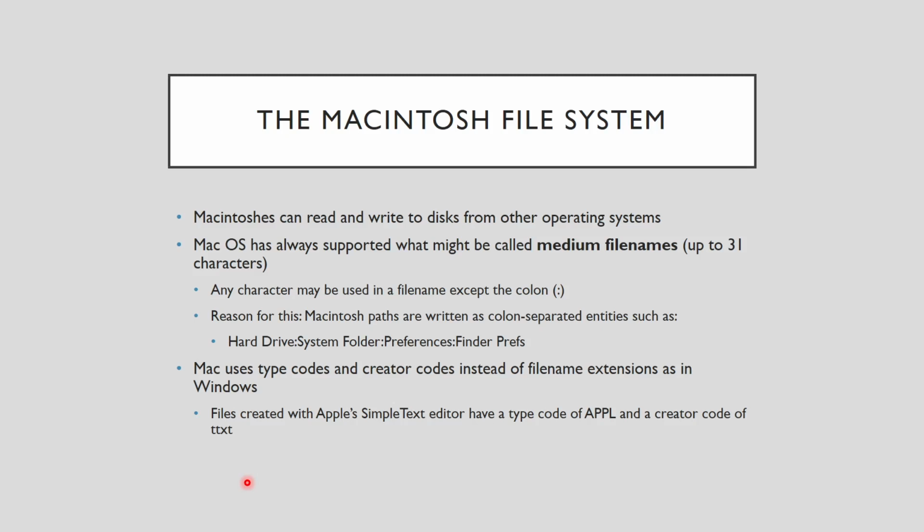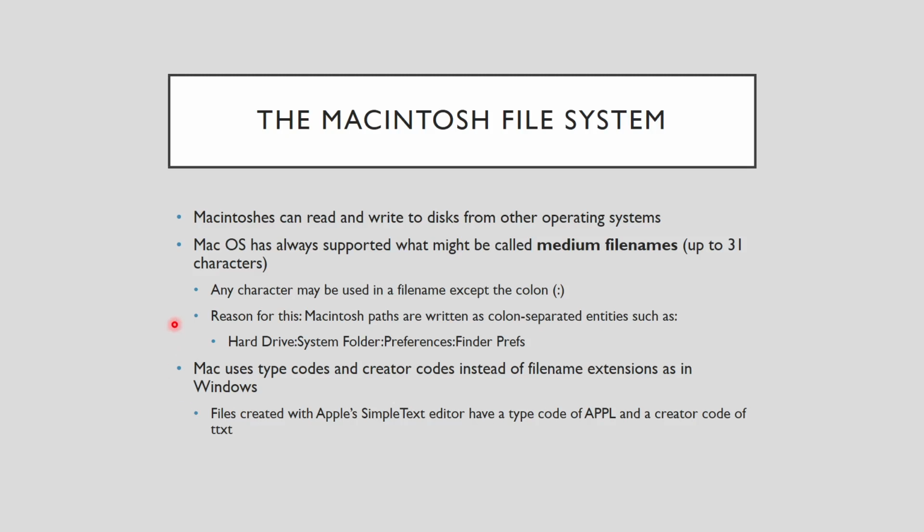Mac OS has always supported what might be called medium length file names, up to 31 characters. The use of a period as the first character in a file name is discouraged because older versions of the operating system used a period as the first character of invisible driver files.